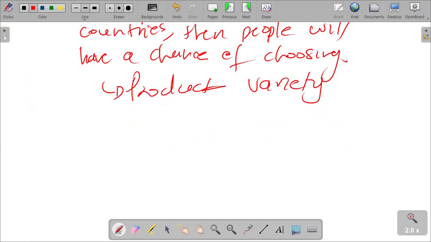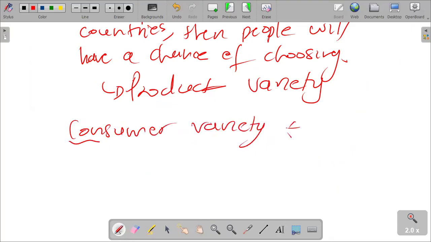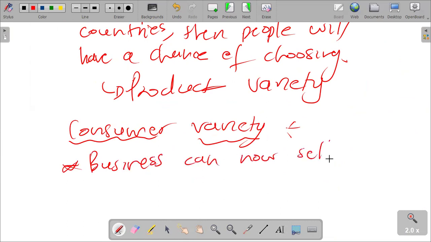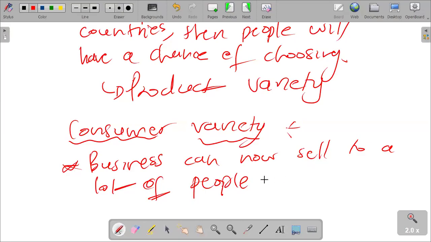Consumer variety, businesses now have a pool of consumers to sell to, right? Businesses can now sell to a lot of people. Because of what? Because of international trade.